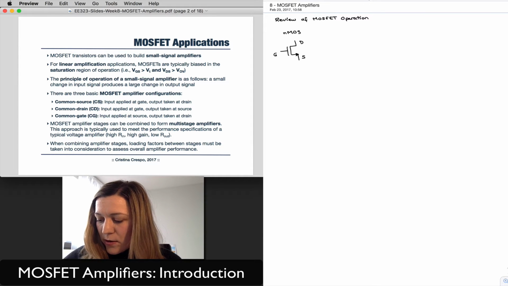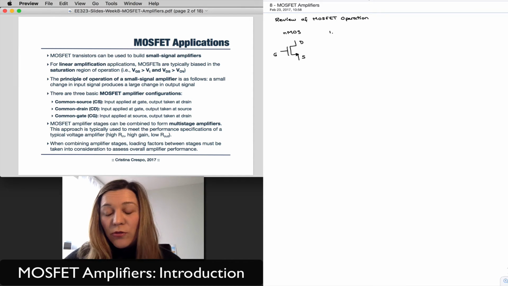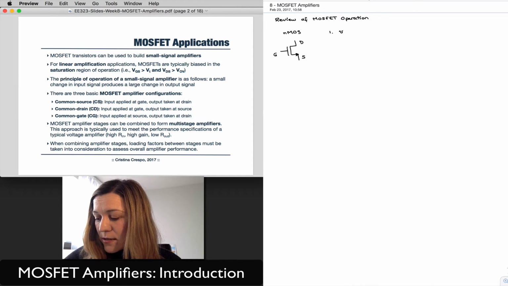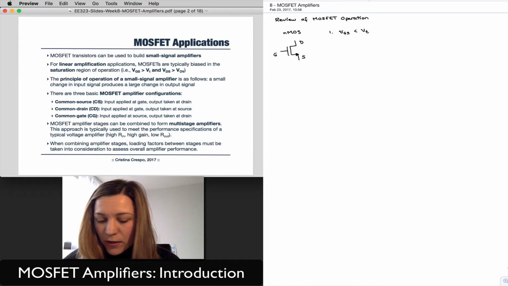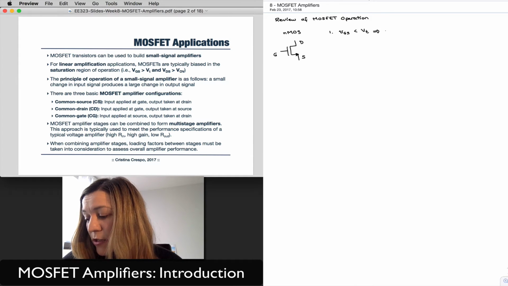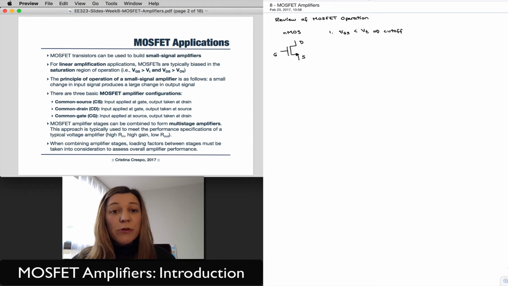And so in the first region of operation, we had where my input voltage signal, my VGS, was less than some threshold voltage that was needed to induce a channel, basically to turn on the transistor. And therefore, we say the transistor is in the cutoff region of operation, or we also refer to the transistor as being off, meaning non-conductive.